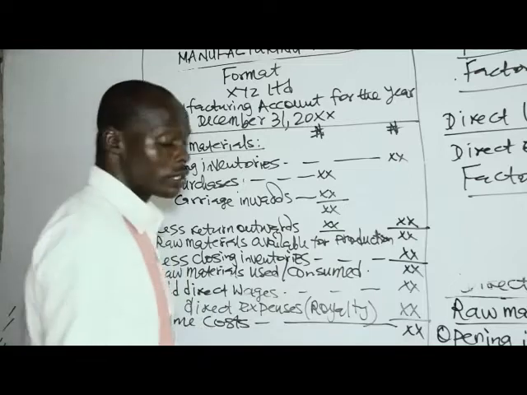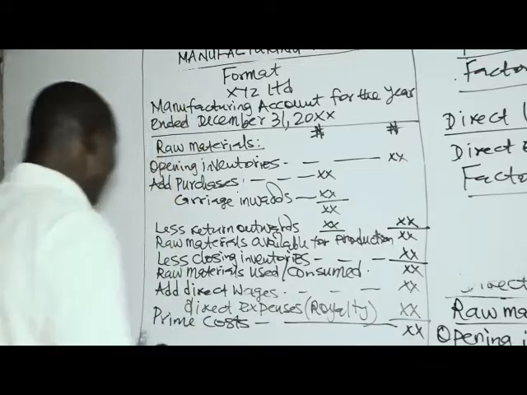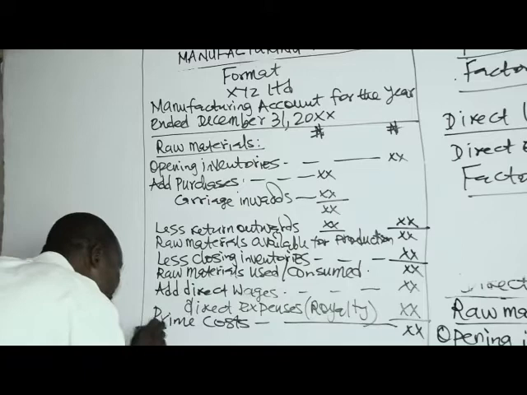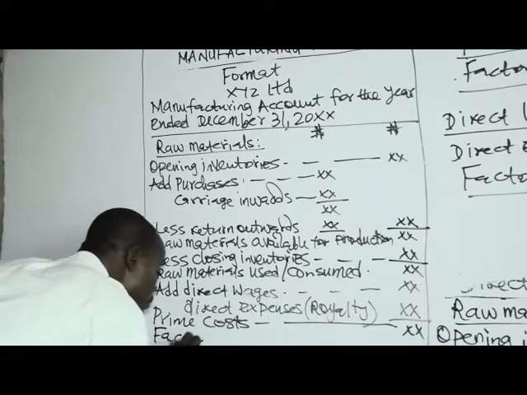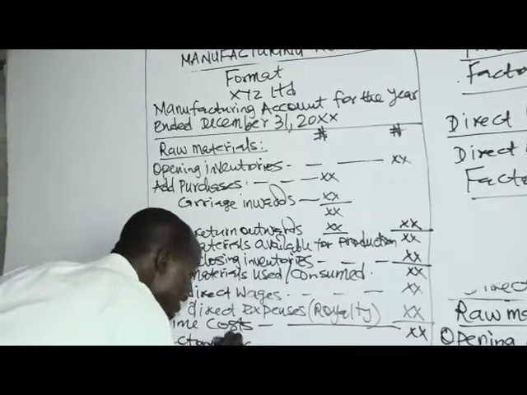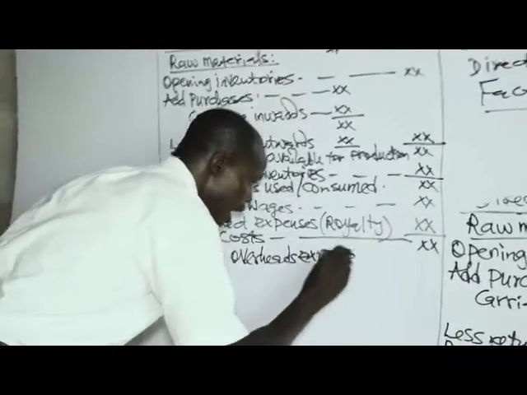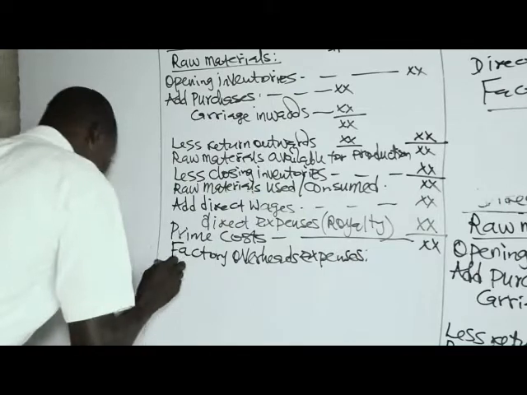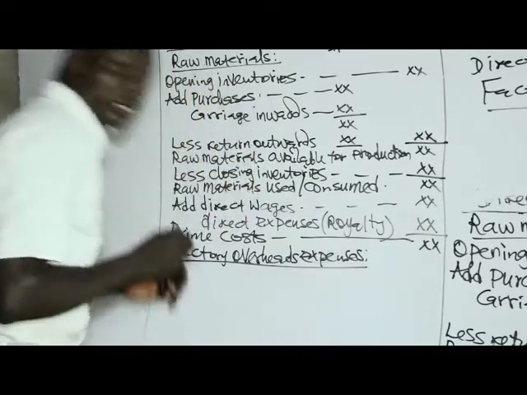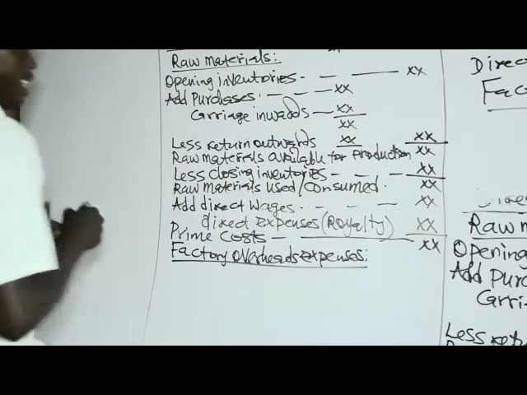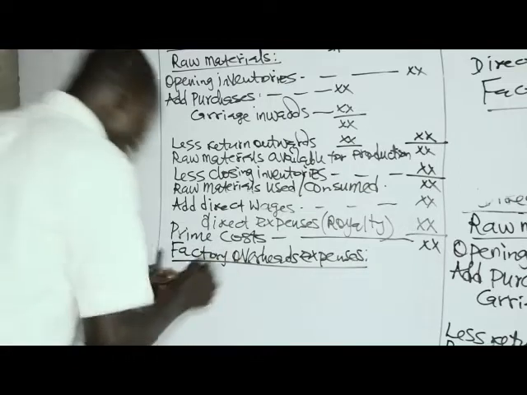After your prime cost, the next element is the factory overheads expenses. I've told you that overheads are indirect costs.